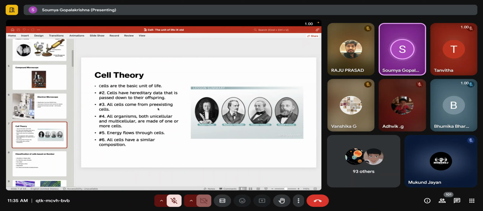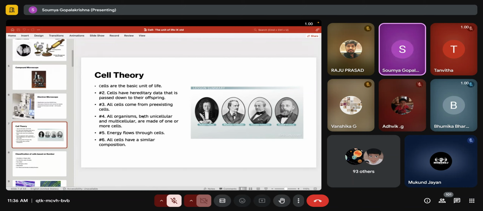Now, what does the cell theory state? Basically, the cell theory has three main statements, three major points. The first one is that the cell is the smallest unit of structure of all living organisms. Cell is the structural unit of life.